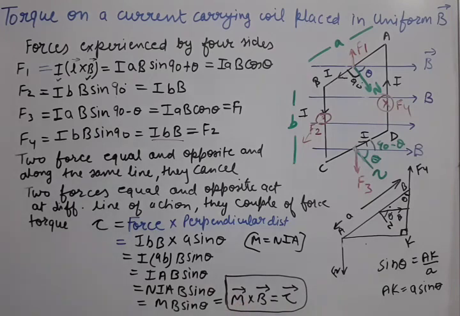So one point we can remember here: torque is perpendicular to M also, torque is perpendicular to B also. These are the important points we can remember. Whenever we have a cross product, we can find the value by this formula, and the direction of the torque is obtained by the right hand thumb rule.